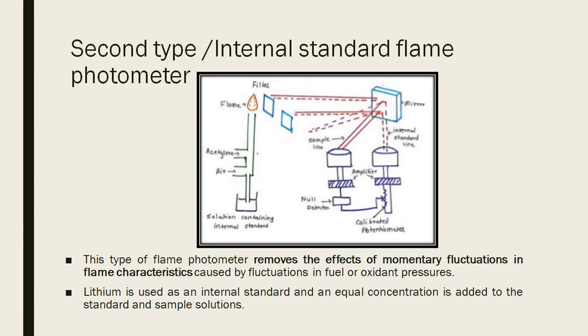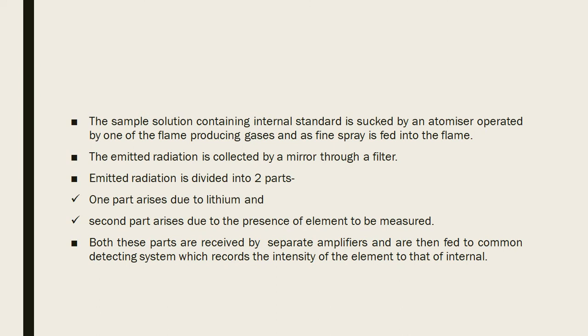Lithium is generally used as an internal standard. Equal concentration of lithium is added to the standard and sample solutions. The sample solution containing the internal standard is sucked by the atomizer operated by one of the flame producing gases and as fine spray is fed into the flame.